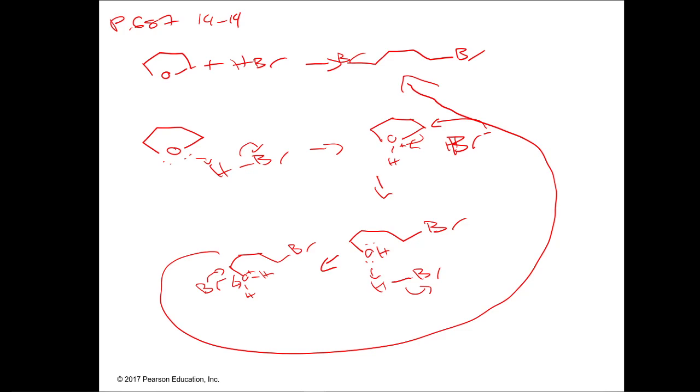So just remember, when you do an ether cleavage by a halohydric acid, meaning hydrochloric, hydrobromic, hydroiodic, you're always going to get 2 alkyl halides, okay? Not an alkyl halide and an alcohol.